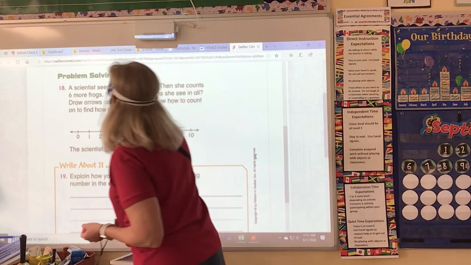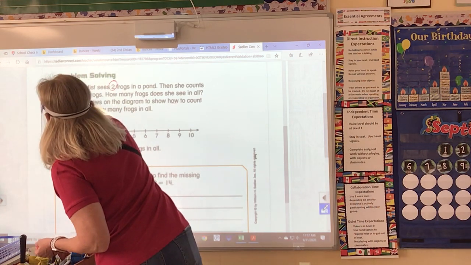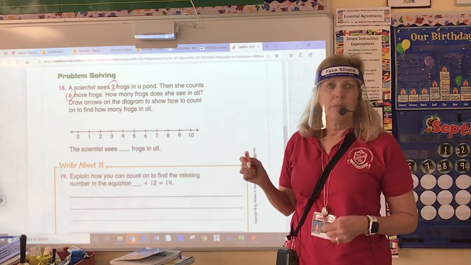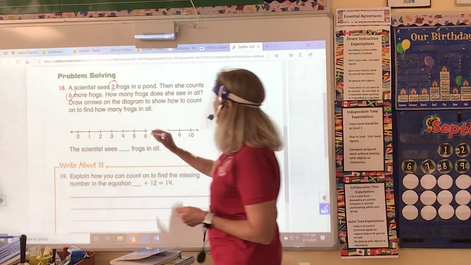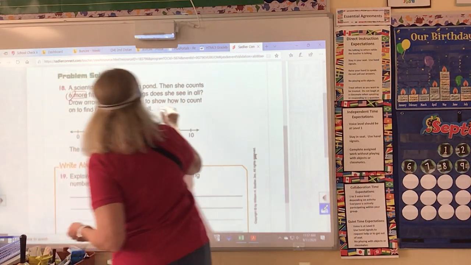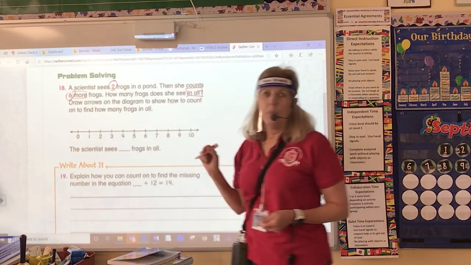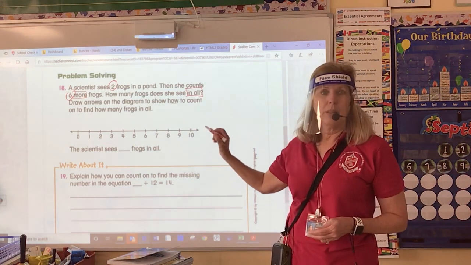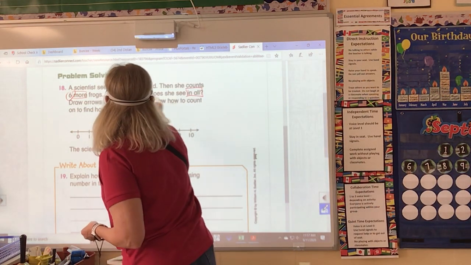Okay, we would circle the 2 and the 6 because those are our key numbers. And then you would box in more and in all. Excellent job. And then you would underline how many frogs does she see in all. Wow, that's awesome, Connor. Thank you.